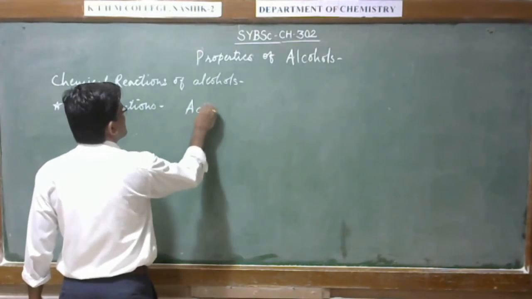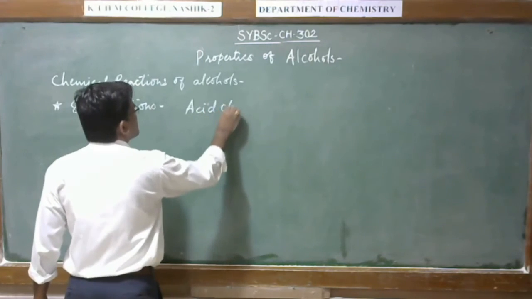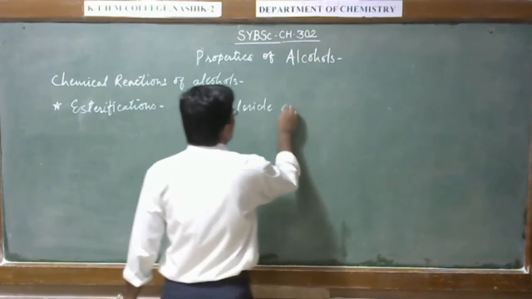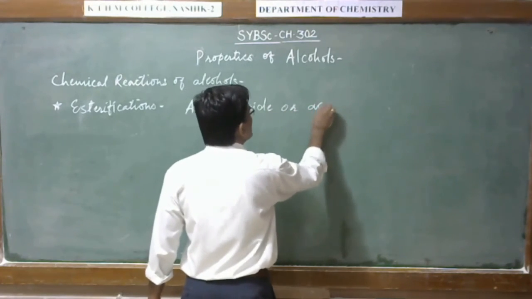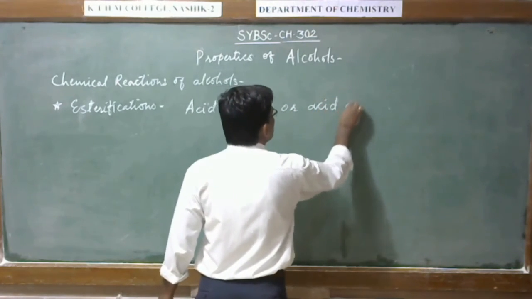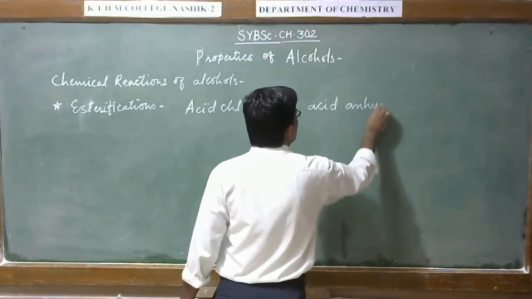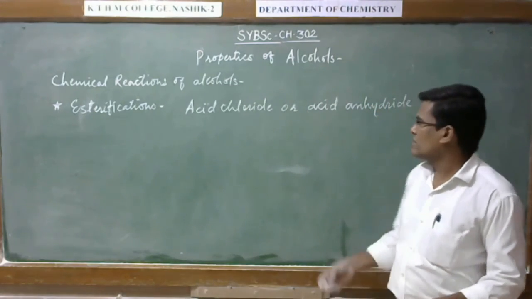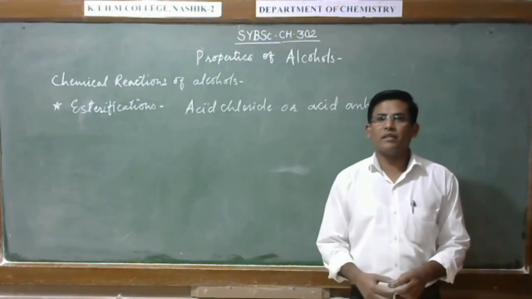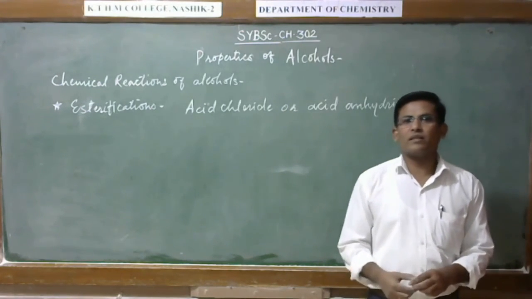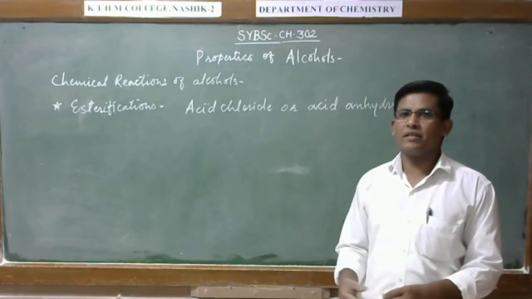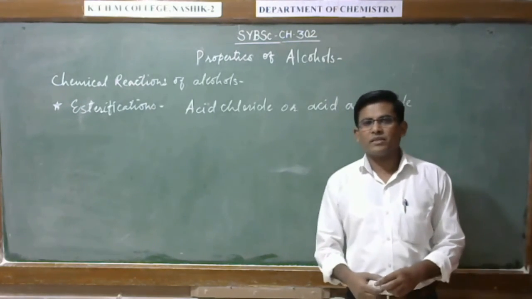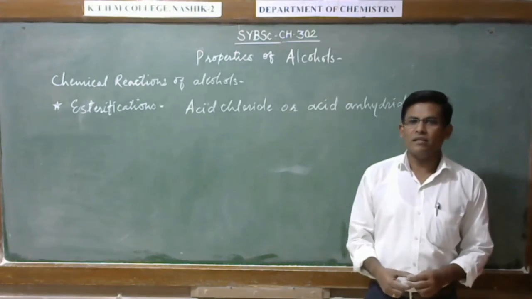In this esterification, the acid chloride or acid anhydride can give the corresponding ester when it reacts with alcohol, in the presence of base like pyridine or triethylamine.